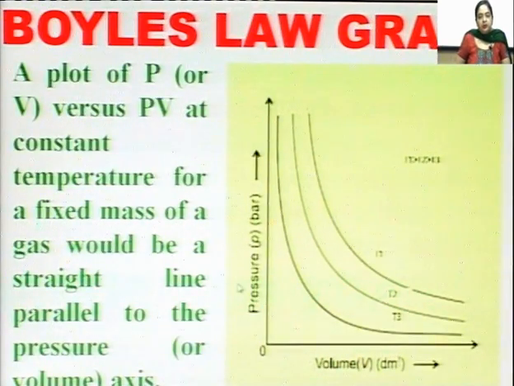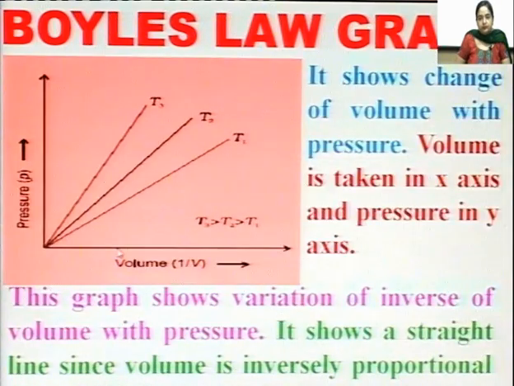A plot of P or V versus PV at constant temperature for a fixed mass of gas would be a straight line parallel to the pressure axis. It shows change of volume with pressure.